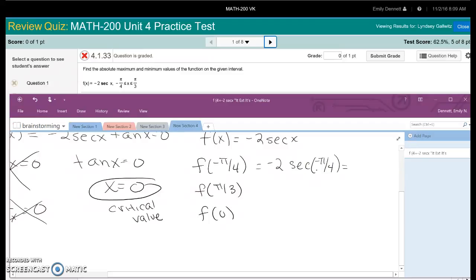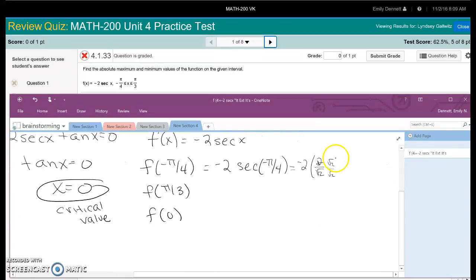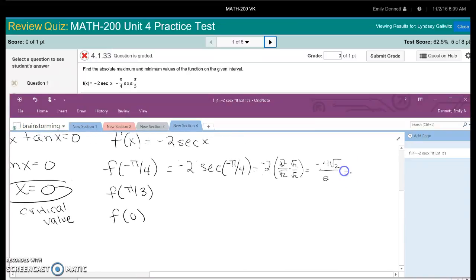So you'd take the x coordinate, which gives you cosine, and you would flip it. So in this case, we'd have negative 2, and then we'd have 2 over the square root of 2. Now if we rationalize this, we're going to get negative 4 square root of 2 over 2, which we can reduce to be negative 2 square root of 2. Okay, and you can put that in your calculator to get a decimal approximation.